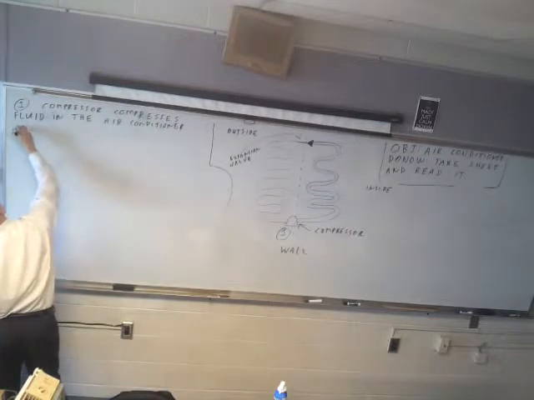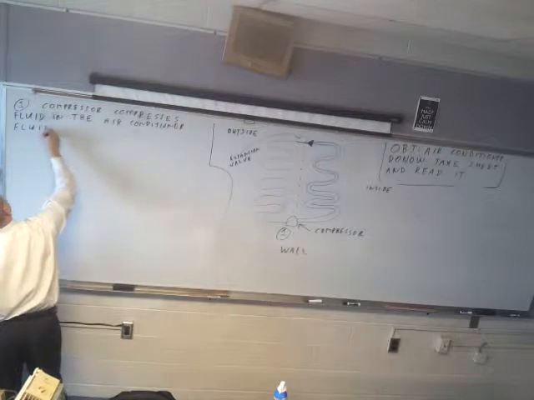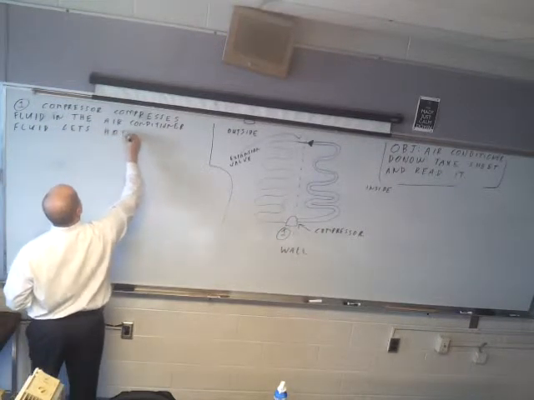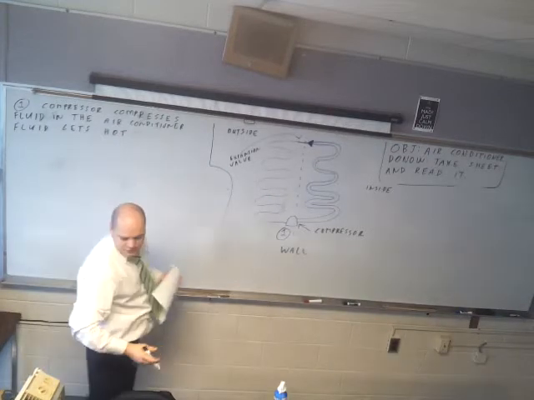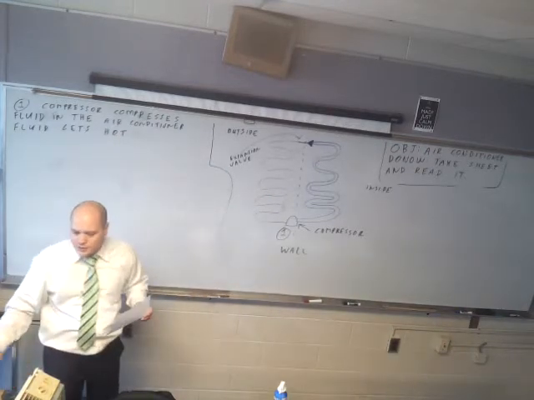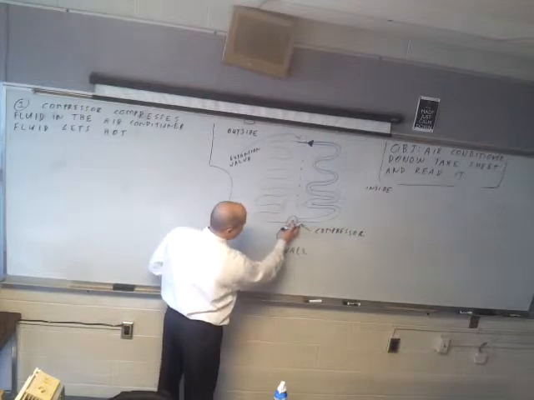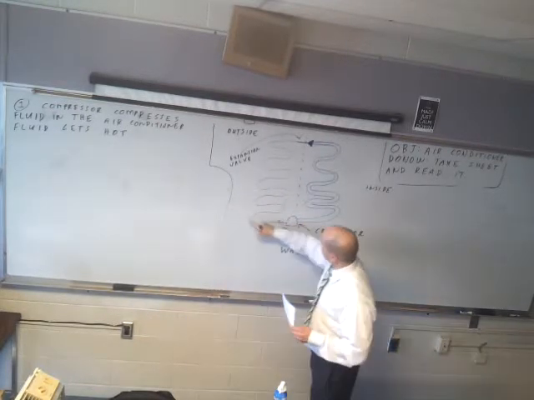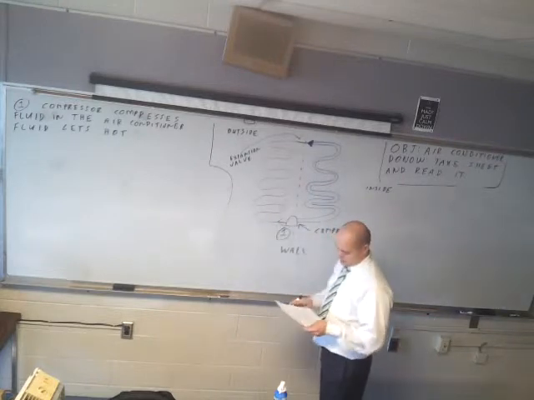And what happens when you compress it? Fluid gets hot. This old one probably would have had Freon in it, still does, and so it compresses that Freon, it gets hot, and then it comes out of the compressor in this direction and goes into these tubes here.